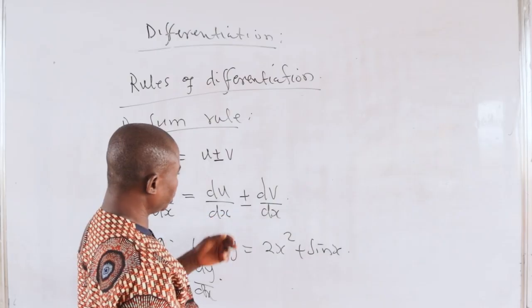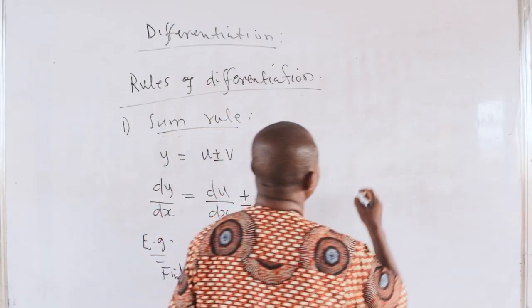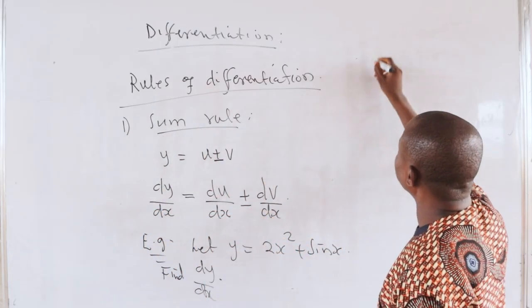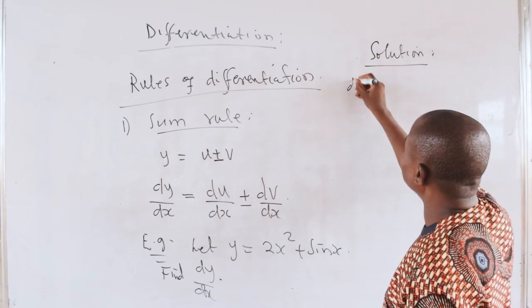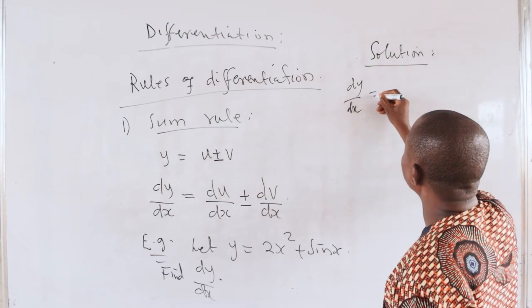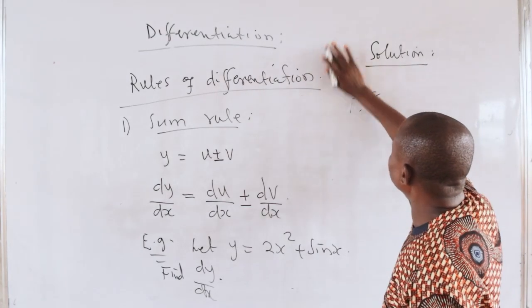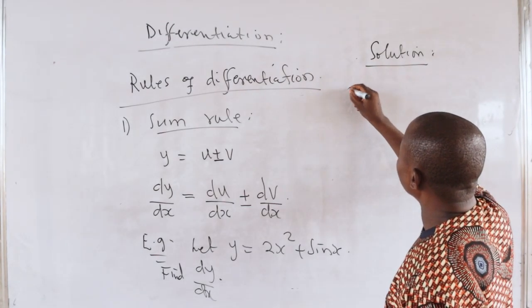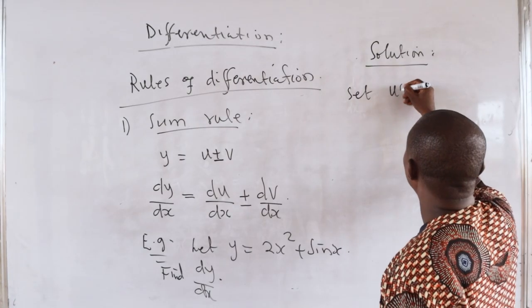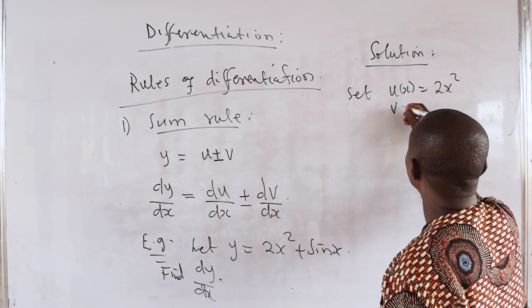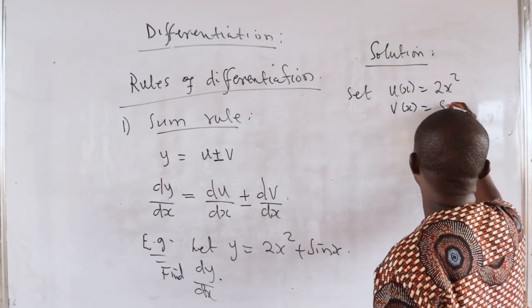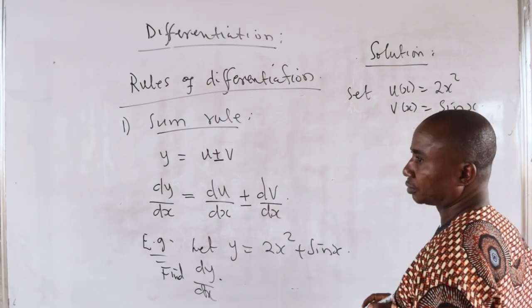So applying this rule, we can see the derivative dy by dx is as follows. First we set u of x to be 2x squared, and then we set v of x to be sine x.